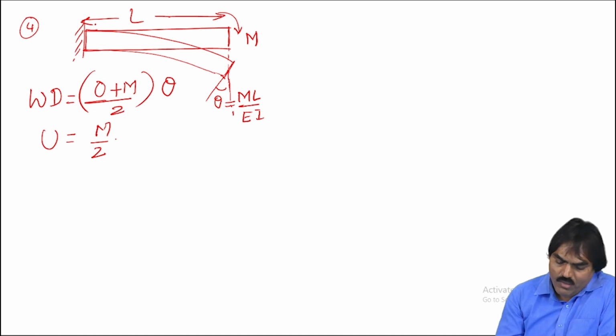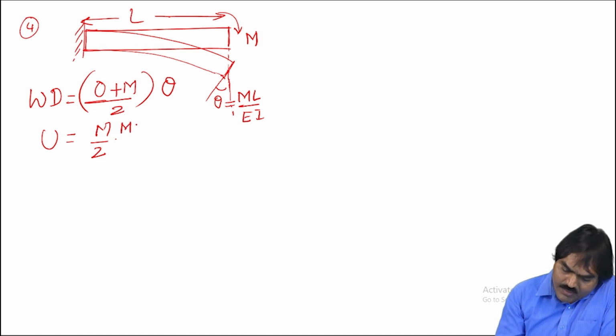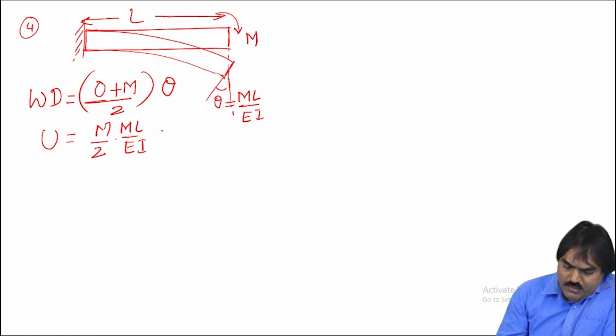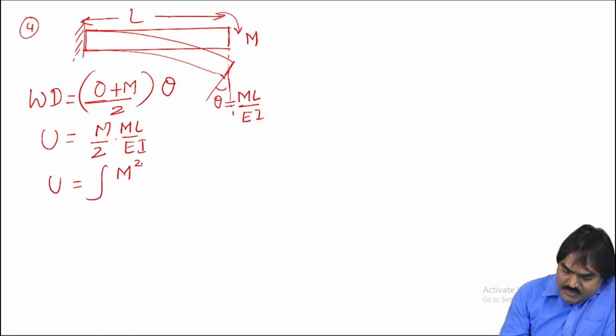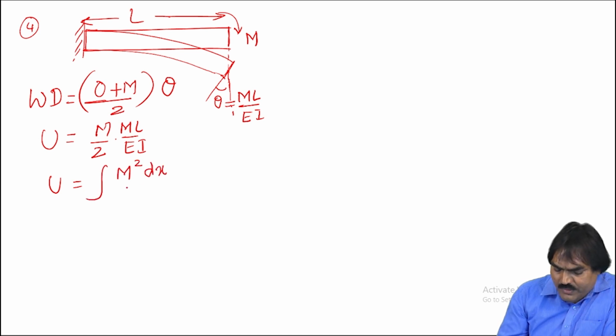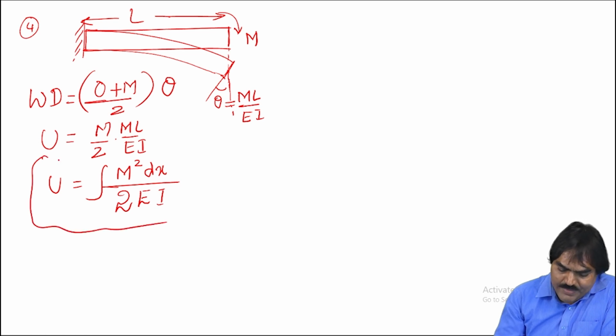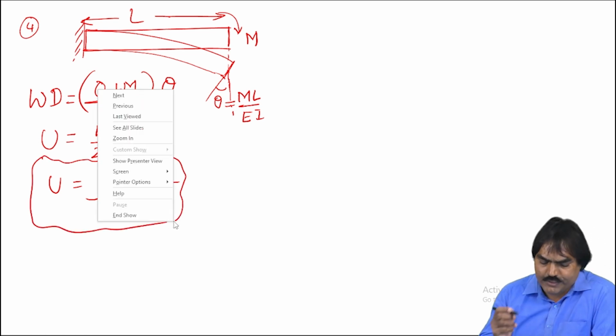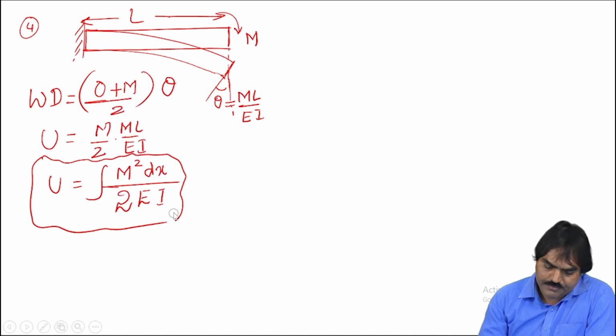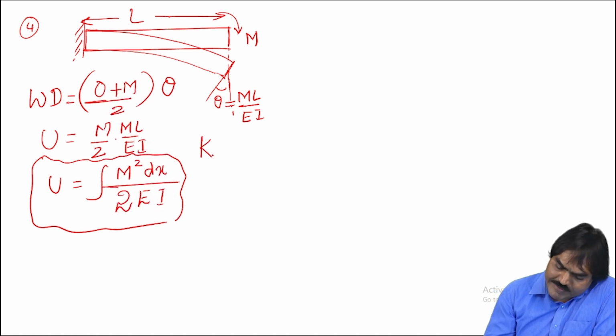So when you keep this in integration format for a small element length, it becomes M square into dx by 2EI. This is the bending strain energy.